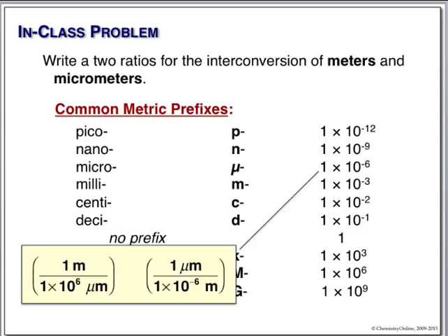Think about the exponent math here. 10 to the 6th multiplied by 10 to the minus 6 is 1, isn't it? That's why we did exponents. All right, so here's how we write ratios.